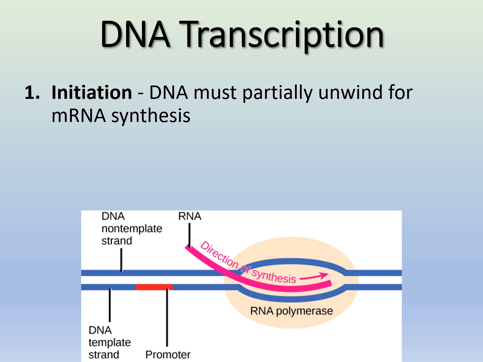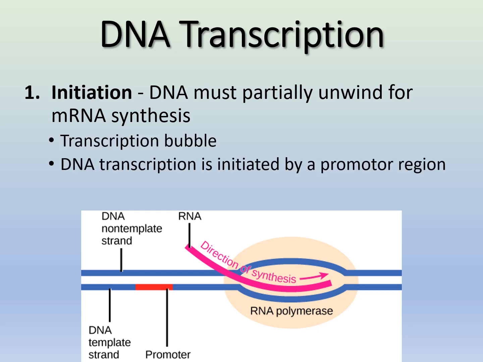So what's the first step in DNA transcription? Well, we're going to have to initiate transcription. Just like we talked about in DNA replication, we're going to have to unwind the DNA. Now we had to unwind pretty much all the DNA to undergo replication, but now we're just going to unwind part of it.